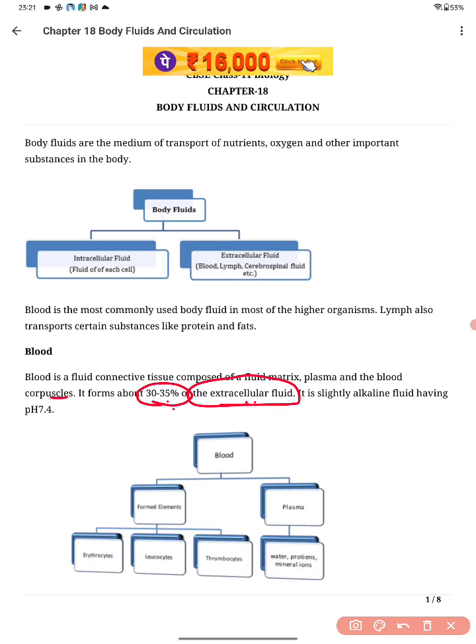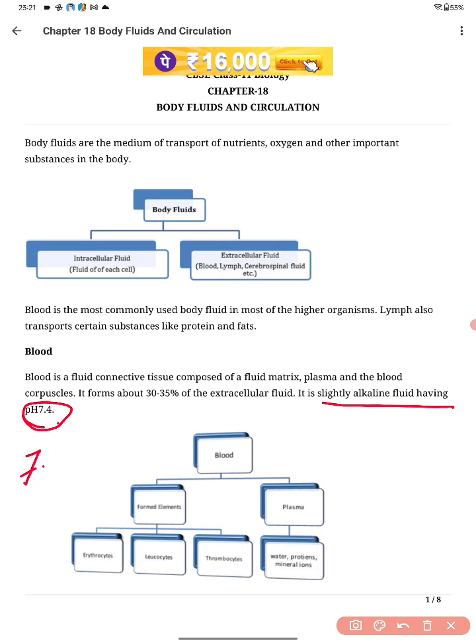ECF is nothing but extracellular fluid, meaning plasma, meaning water. It is a slightly alkaline fluid having a pH of 7.4. Your urine is acidic. Your blood is slightly alkaline because of the presence of carbonates and bicarbonates. Your blood is not acidic. Your blood is alkaline.